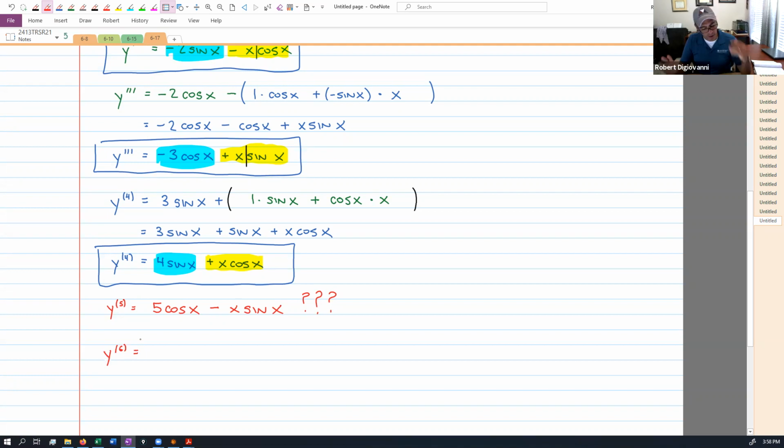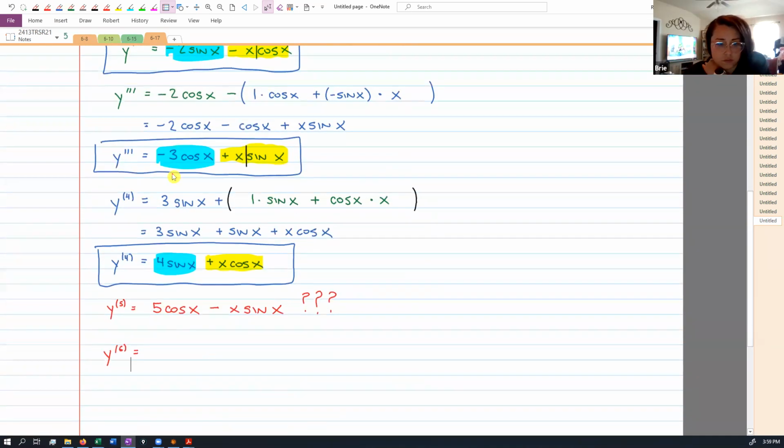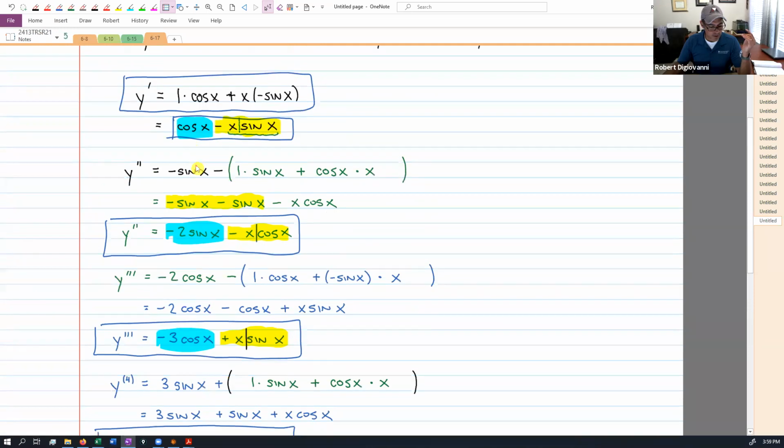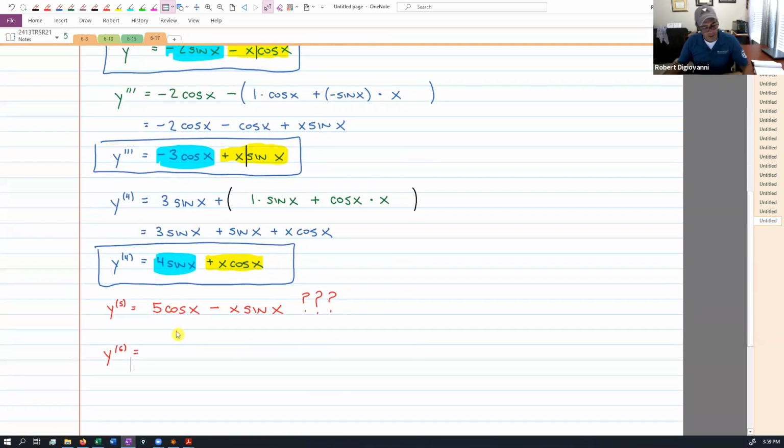The sixth one, if we had the pattern right, would be a positive or a negative? Negative. Again, forget the first derivative, start from the second one. It looks like negative, negative, positive, positive. Then we should have -6 sine x, it's going to switch. And then what about this next sign right here? What are we going to get for this?